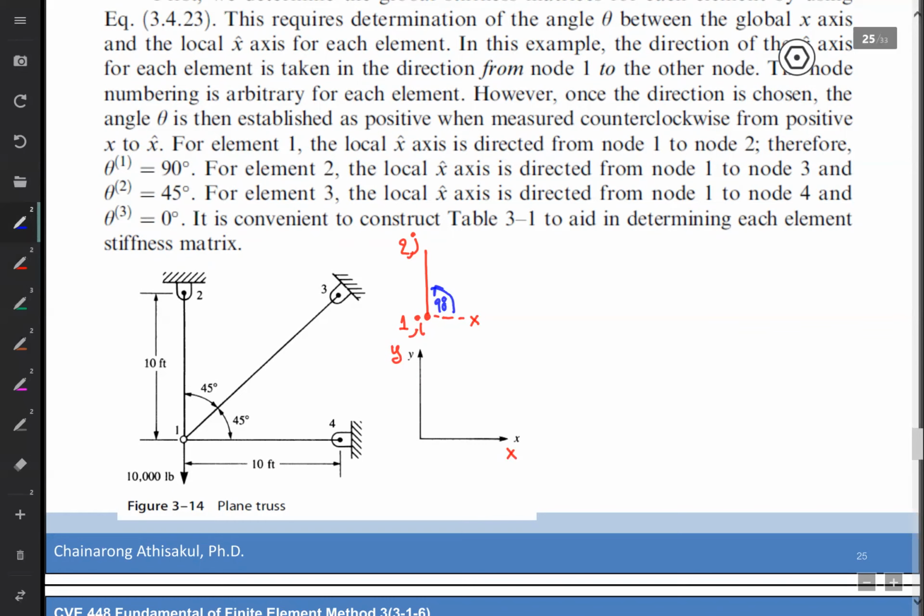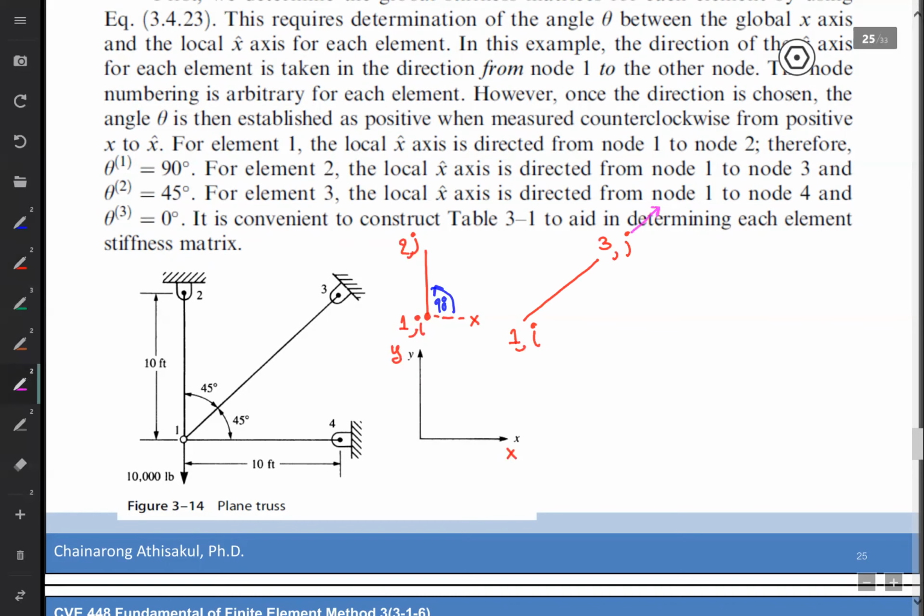Now if we consider the second element, the starting node is node number 1 and the end node is node number 3. That is, node number 1 is node I, and node number 3 is node J in local. This is the local axis.